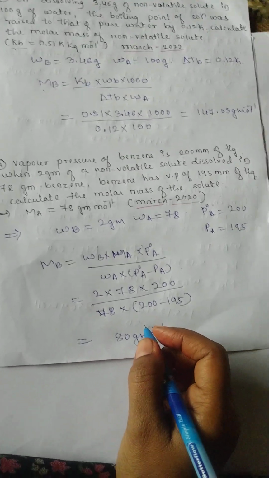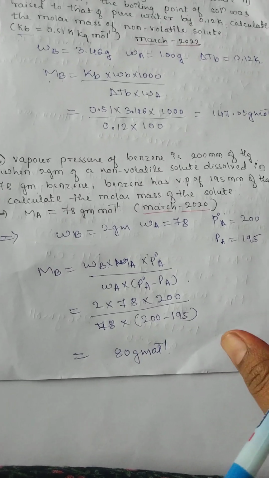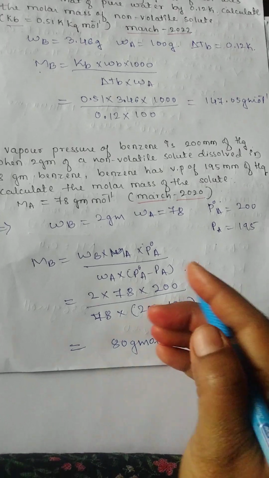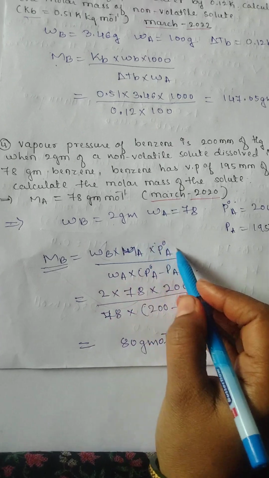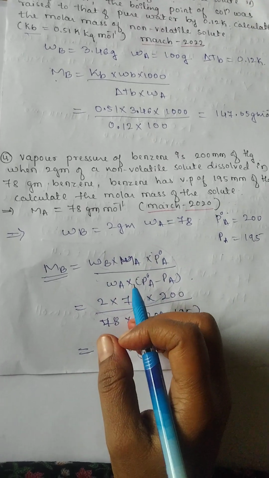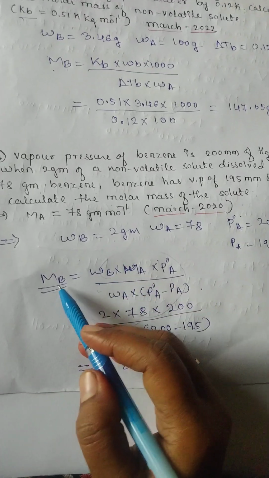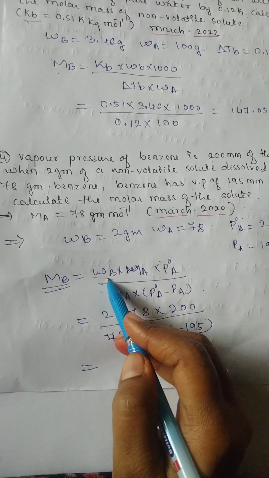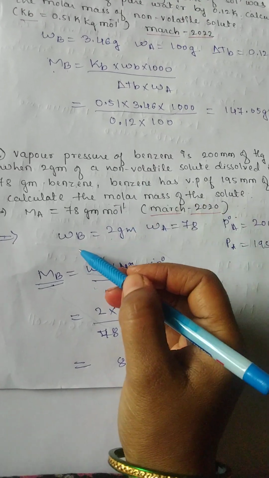So here, always they have given all the contents, and we have to calculate only MB. All these are given things. So first we have to understand the terms in a formula. If we don't know the WB, MA or P naught A, we cannot list out the given things.